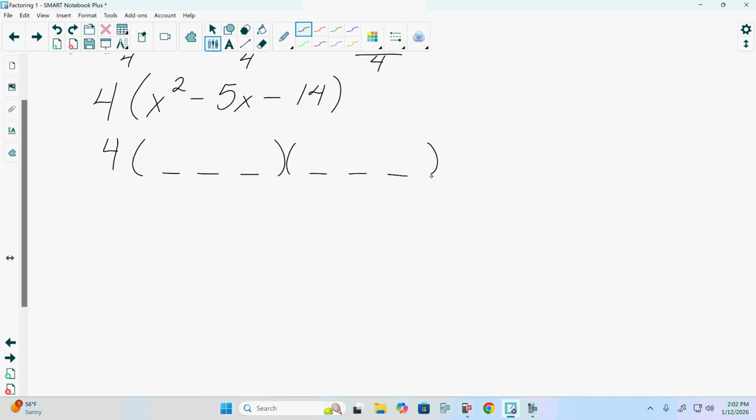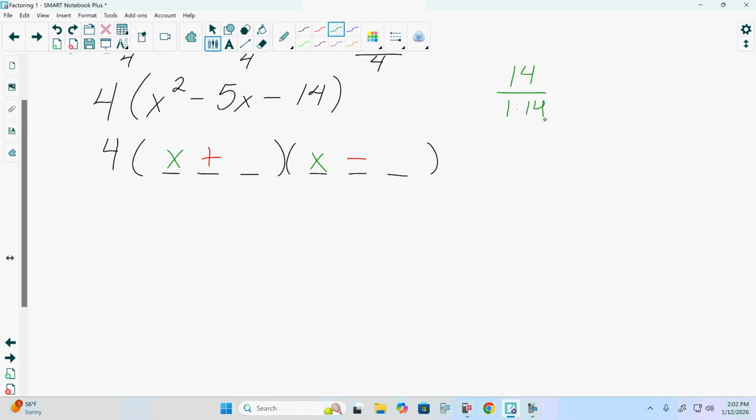Since 14 is negative, our third term is negative, our signs are opposite. Factors of x squared are x and x. Now the factors of 14, there's more than one.